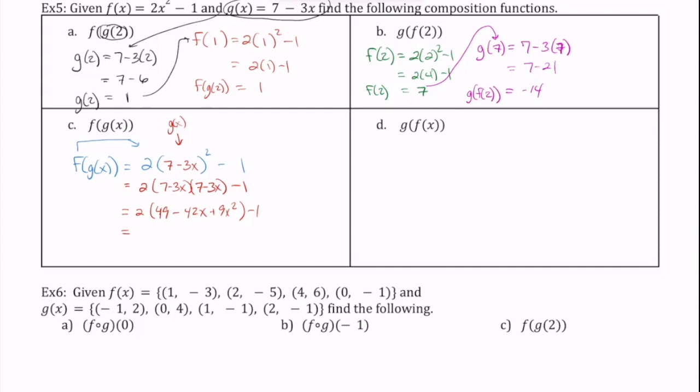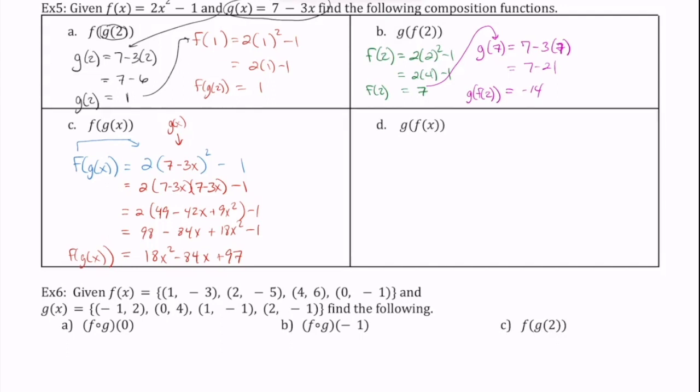Right, distribute the 2 here, you get 98 minus 84x plus 18x squared, and then minus 1. And then lastly, just write this in standard form, so 18x squared minus 84x plus 97, and this is f of g of x. So that's plugging the g of x function into your f of x function.